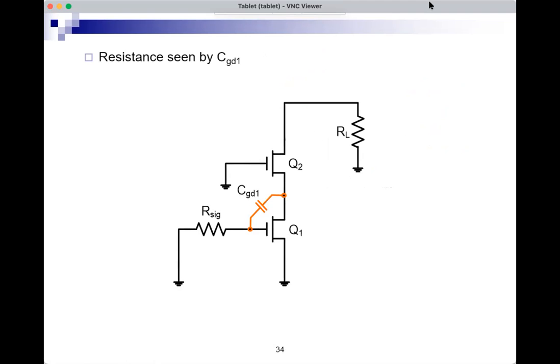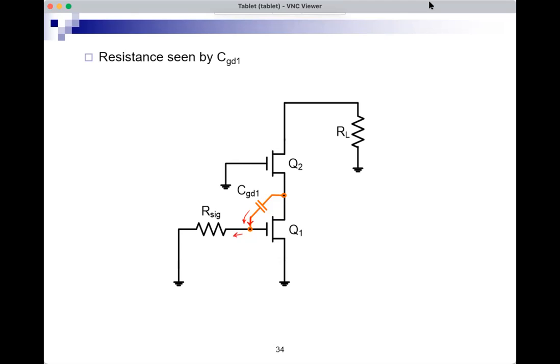This one, because CGD1 is not connected between a node and ground, I have to do the analysis twice. So I have to see the resistance here, looking at this terminal, and we already did this when we did CGS1.